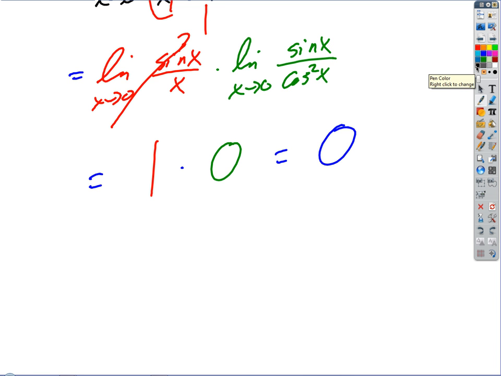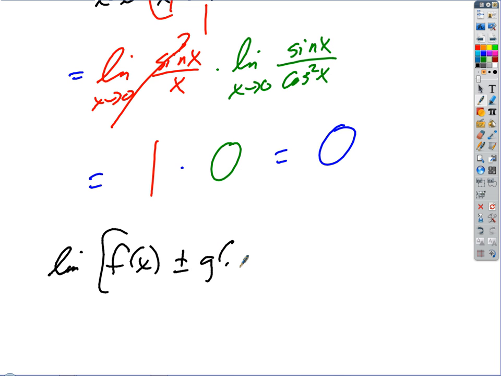If we have something like the limit of f of x plus or minus g of x as x approaches some value, okay, we can break that up into separate limits, right? I can take the limits individually.